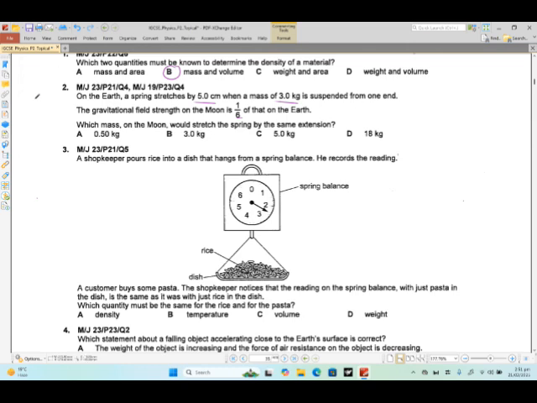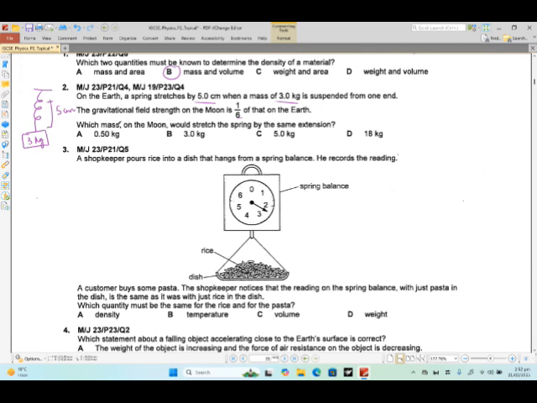Okay, first of all, the situation is that a spring stretches to 5 centimeter when a mass of 3 kgs is suspended from it.